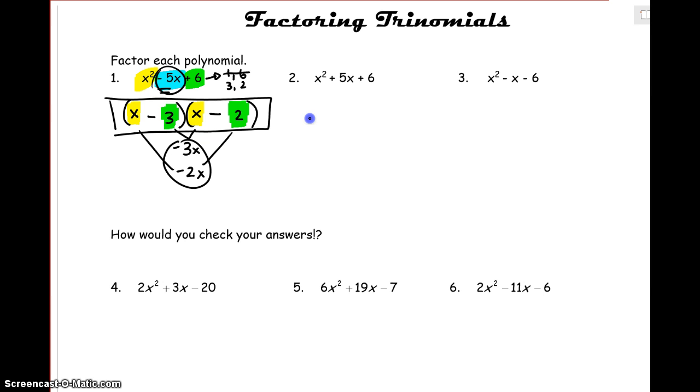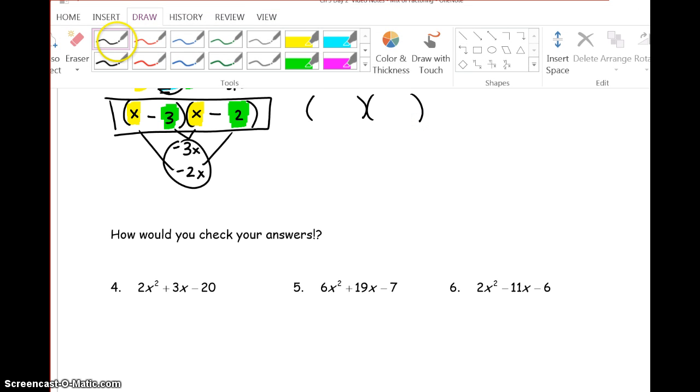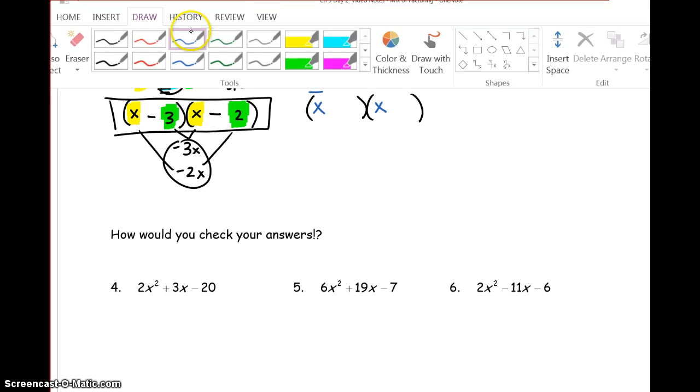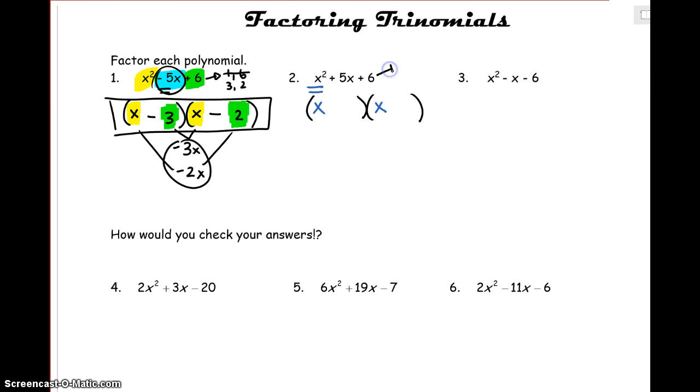Alright, let's go ahead and start the factoring process one more time. So what we're looking for again is x and x for the blue section right there. And we want multiples of 6 that are going to add to 5. So 3 times 2 is one option and 1 times 6 is another one. But this time we want to get to +5.